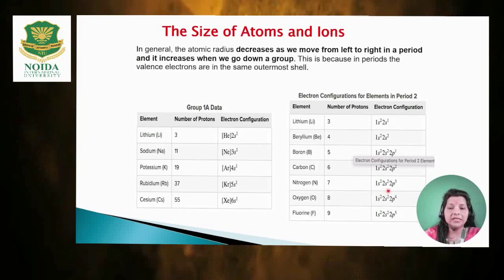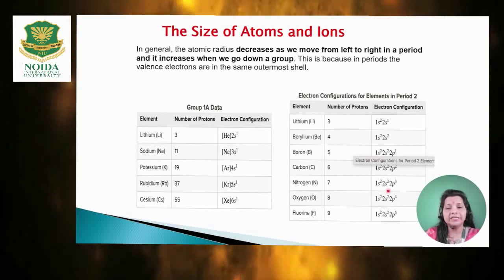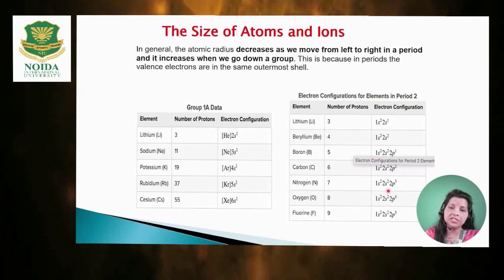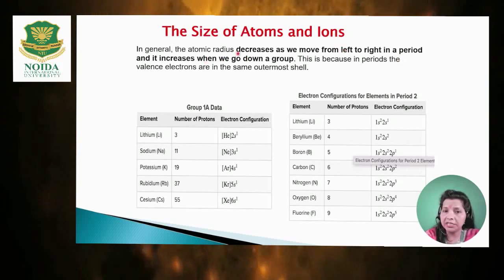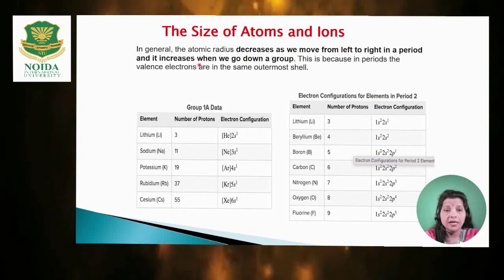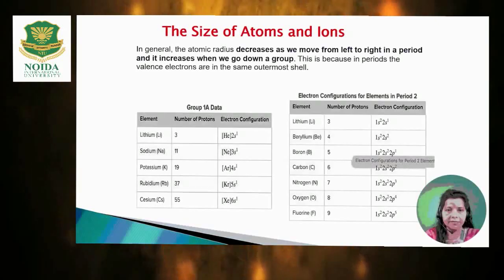Due to this increased force of attraction, the size of the atom shrinks. That's the reason that moving left to right in a periodic table, atomic radius decreases, and moving up to down in a group, it increases. So this is the trend of atom and ion sizes.